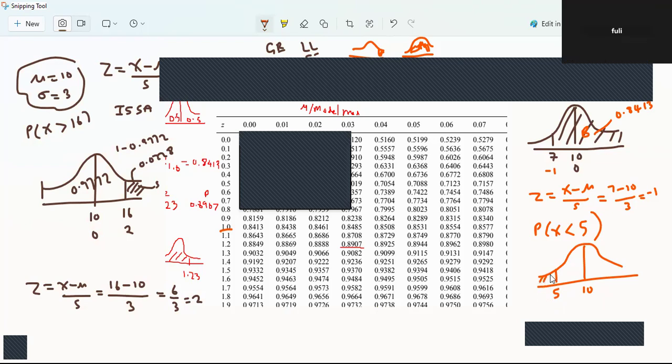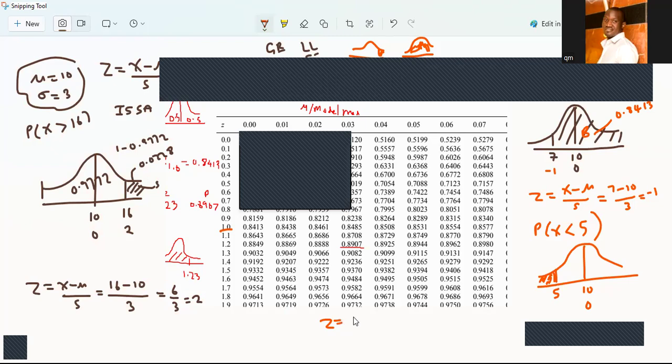So what does the illustration tell you ahead of time? That the shading will subtract from what? From 1. The standard value of 10 in the middle is 0. So we need to standardize this 5. What is the standard formula? X minus mu over standard deviation.